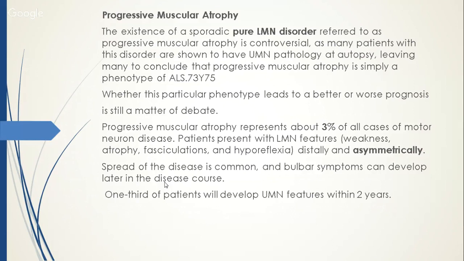But later on, they might start developing upper motor neuron signs. So it's not really a pure lower motor neuron disease, but they consider it a phenotype of ALS.